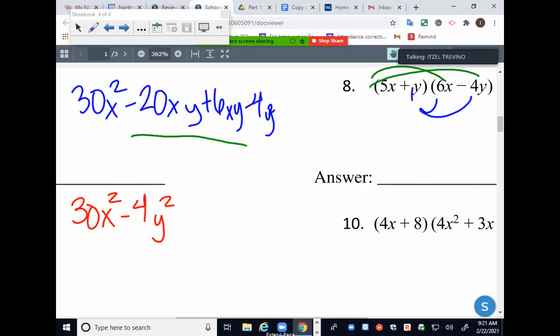And then I'm going to combine my xy. -20 plus 6 gives me what? -14xy. And this, still a polynomial, that's my answer.